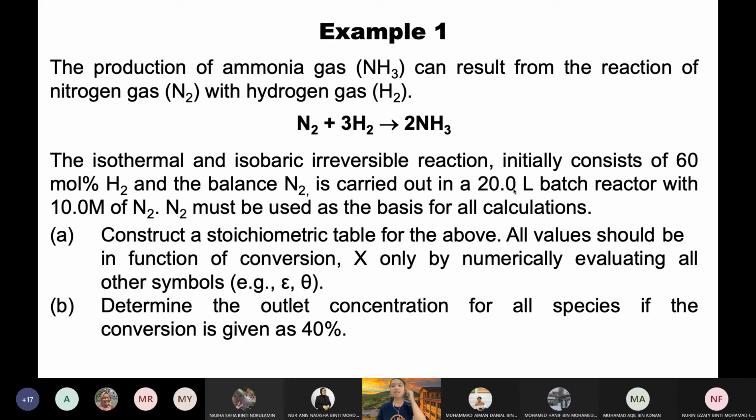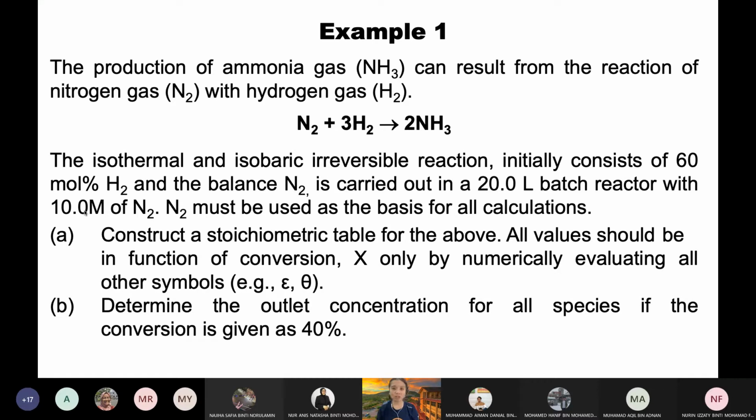Carried out in a 20-liter batch reactor. So apa tu liter? Liter dimension dia volume. So volume reaktor kamu 20 liter, your V is 20 liter. With 10 molar of nitrogen gas. So what is this 10 molar? I hope you still remember the big M is molarity.